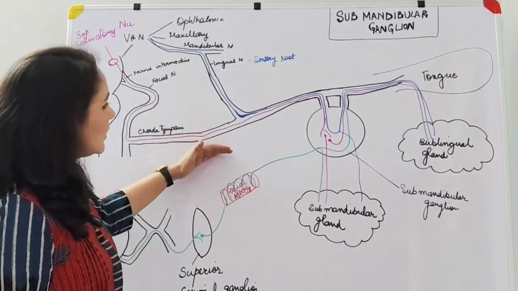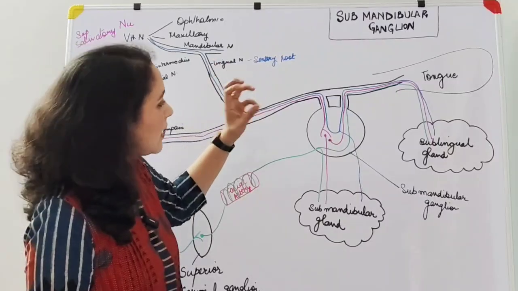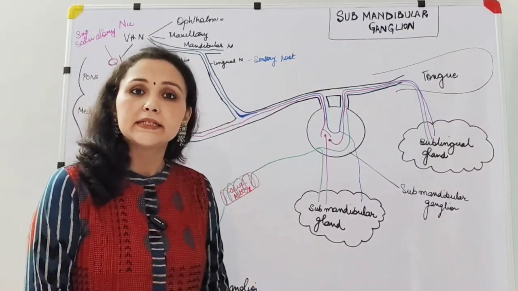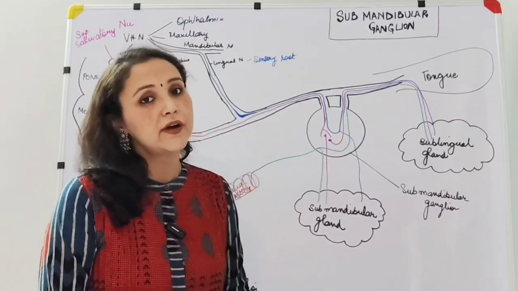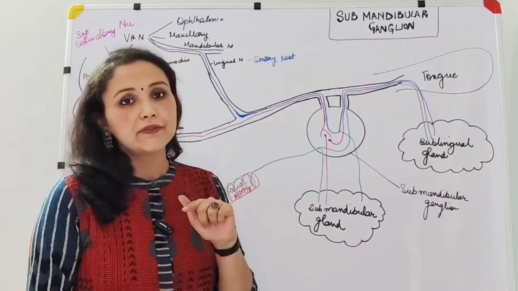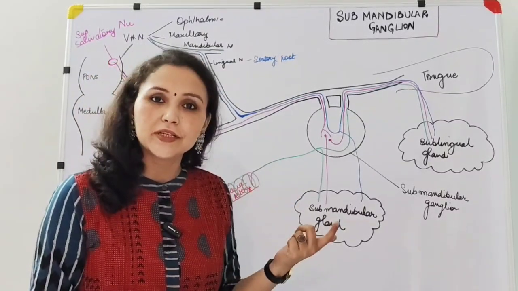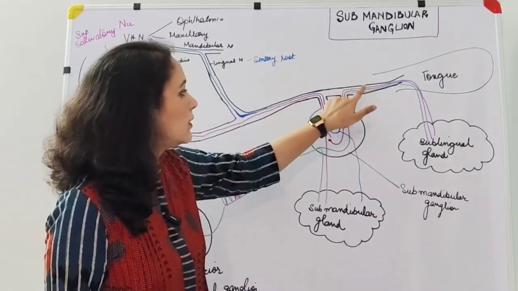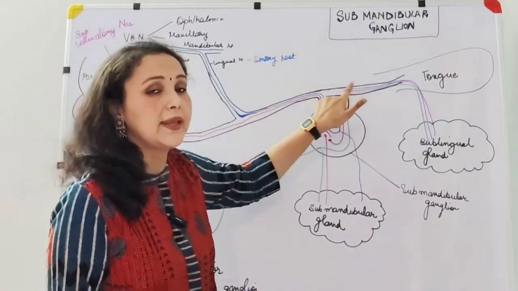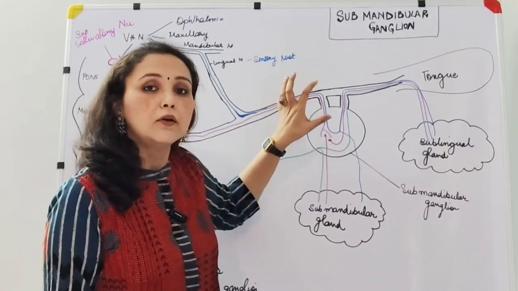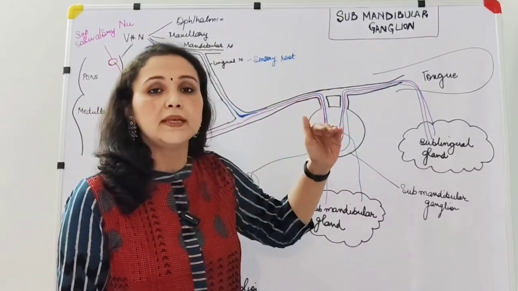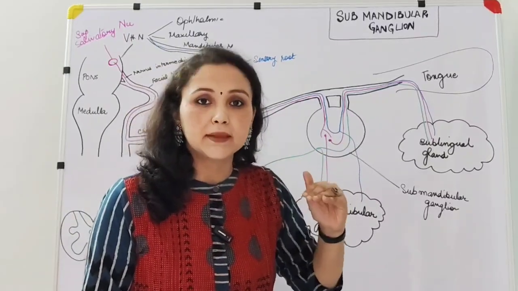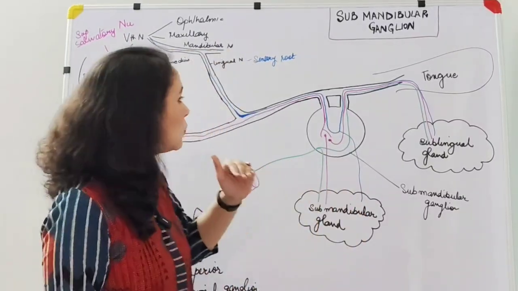Anything else? Yes, there can be another question: how is this ganglion related topographically and functionally? Topographically means according to the location. According to the location, this ganglion is related to the lingual nerve, as we can see very clearly. But according to the function, that means the fibers of the preganglionic parasympathetic route travel through which nerve?